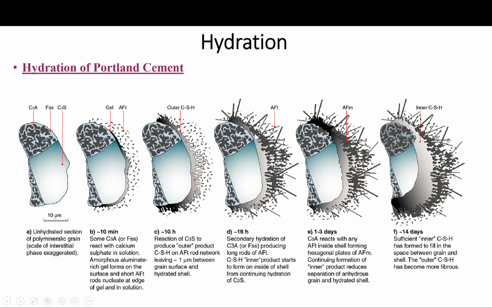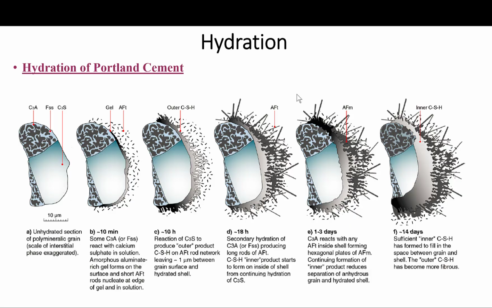Okay, so right here it appears to be as represented by this schematic. A small amount of inner calcium silicate hydrate forms inside the shell. As you can see, this is the inner calcium silicate hydrate.